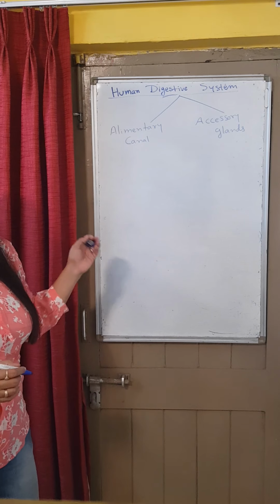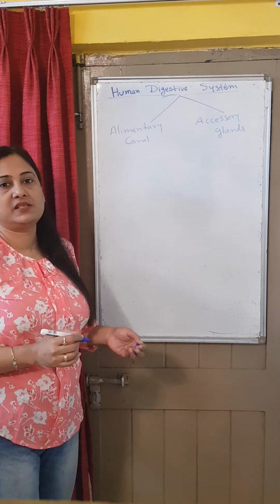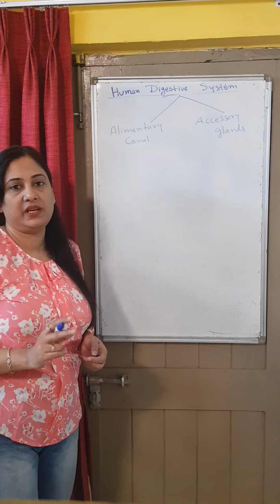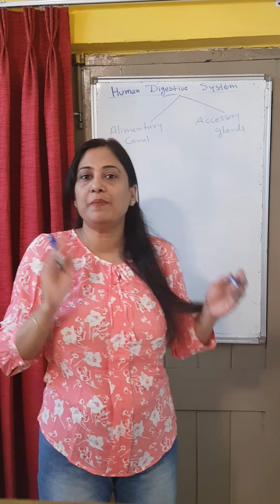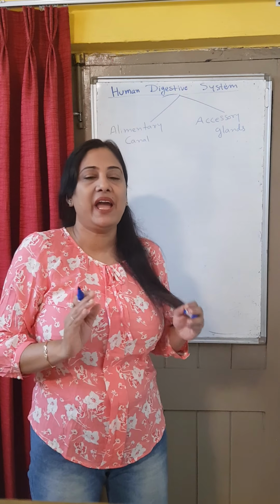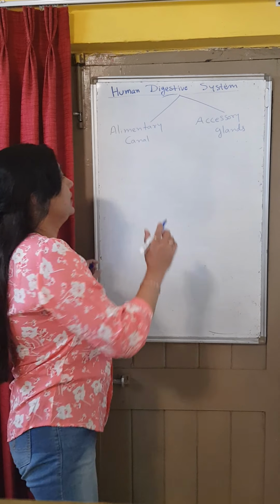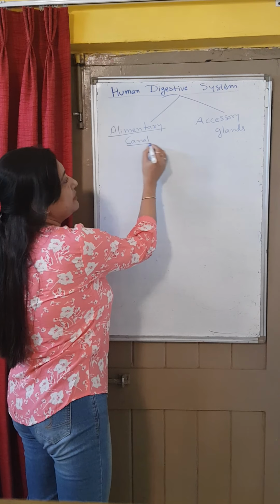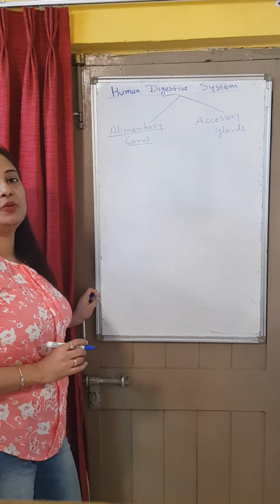Alimentary canal is further divided into many parts. It's a long tube with two openings. First opening is called mouth, while second opening is called anus. The length of the tube is approximately 9 meters long in human body.